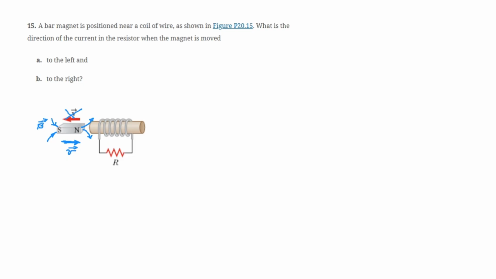So now, the direction of the current that will be induced in the resistor is a current that will oppose that increase. So it's a current that is going to generate a magnetic field that opposes that increase. In what direction needs to be the magnetic field that opposes the increase? In this direction. So now I want a magnetic field in that direction to oppose the increase.